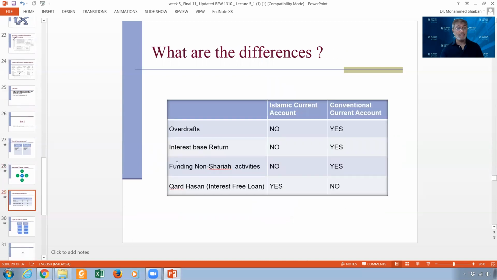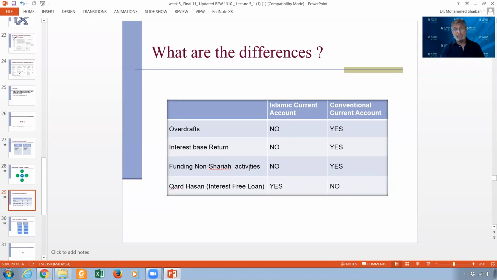As you can see here, can you have an overdraft? No. Overdraft means they give you more lending, but you can have this in conventional banks. Do you receive interest? No. Can you fund non-Sharia activities? For example, can you participate and be partner with any non-Sharia or non-Islamic activities, like any riba-related activities, pork manufacturing or farming activities?